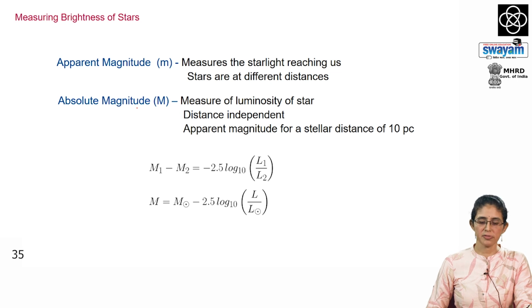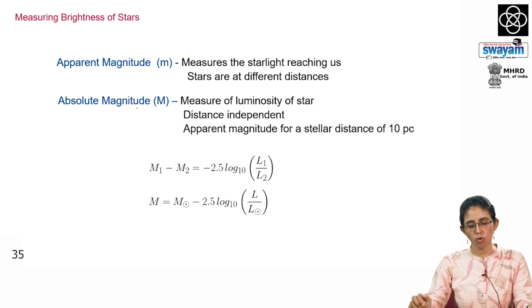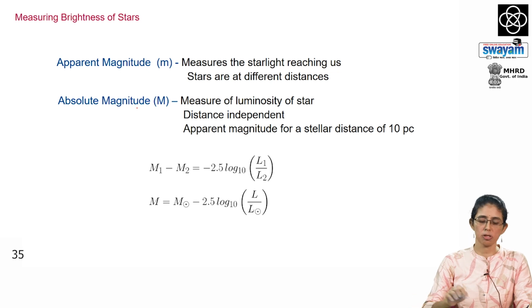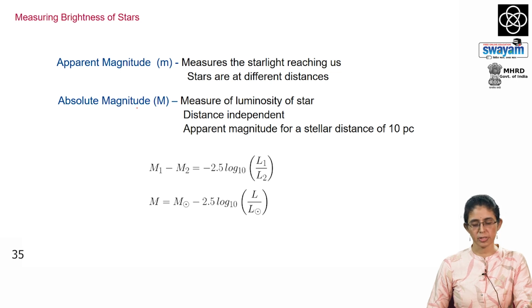And if the Sun were one of the stars, since we know the luminosity of the Sun, and if we know the luminosity of any other star, then we can calculate its absolute magnitude using the relation given below. That is, absolute magnitude M is equal to the absolute magnitude of the Sun minus 2.5 logarithm of the luminosity of the star in solar luminosity.